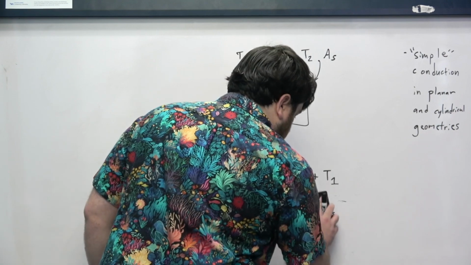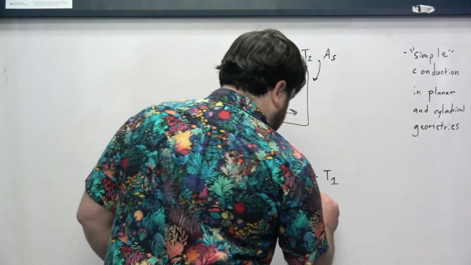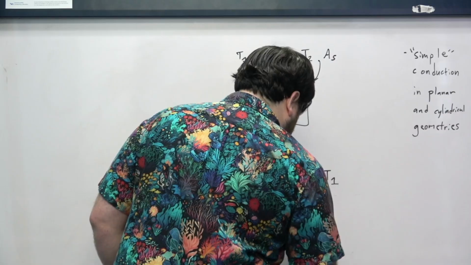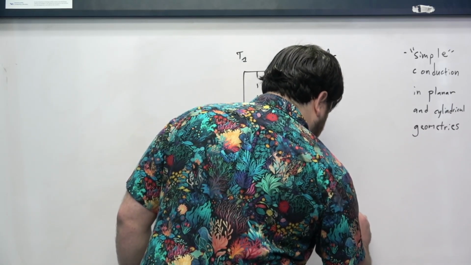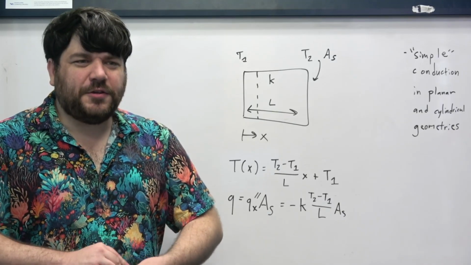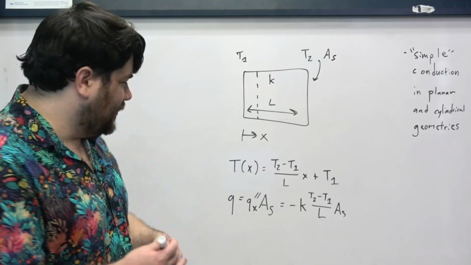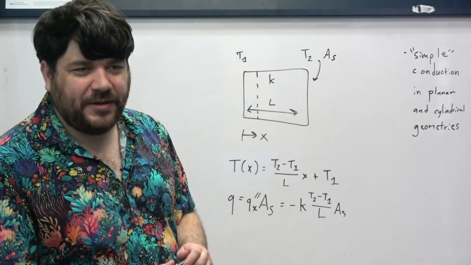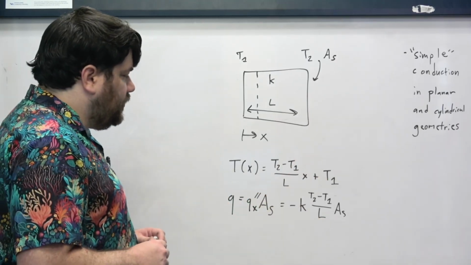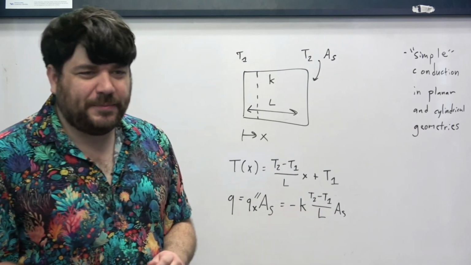And so we can just rewrite this as negative k times (T2 minus T1) over L times As. All right. And so there's a couple of interesting things to note about this particular expression for Q. Now remember that this is an expression for full-blown Q. One of the things which is really interesting about this is that it's proportional to a temperature difference.